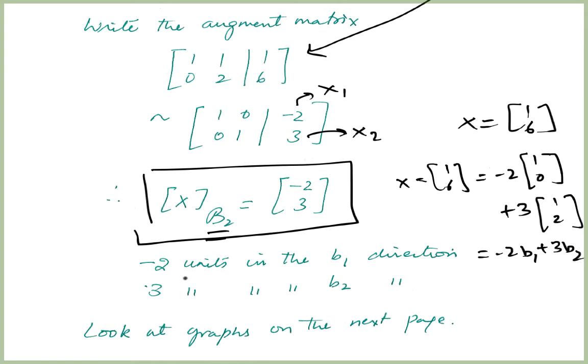What it simply means is that this vector x relative to the basis set B2 is going minus 2 units in the B1 direction, because remember these are our basis set, and 3 in the B2 direction. So let's look at the graphs on the next page to give you a visual representation of what I'm talking about. It's all just basic numbers I'm saying here.